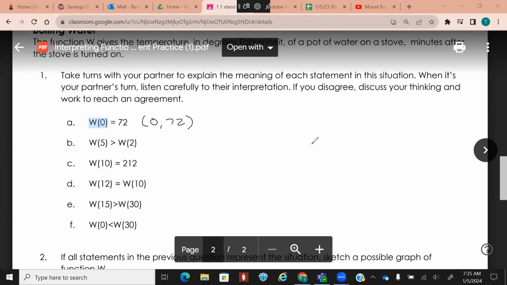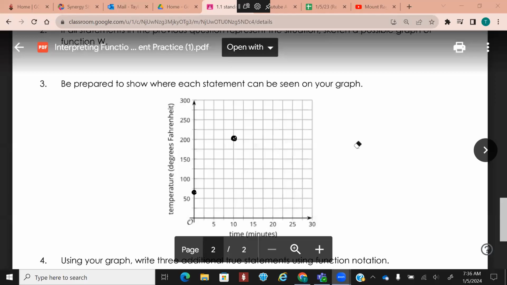Do we know how to plot a point? Go ahead and put that one on your graph down at the bottom. For part C, we've also got 10, 212. We'll talk about the other ones in a second, but go ahead and plot those 2 points.